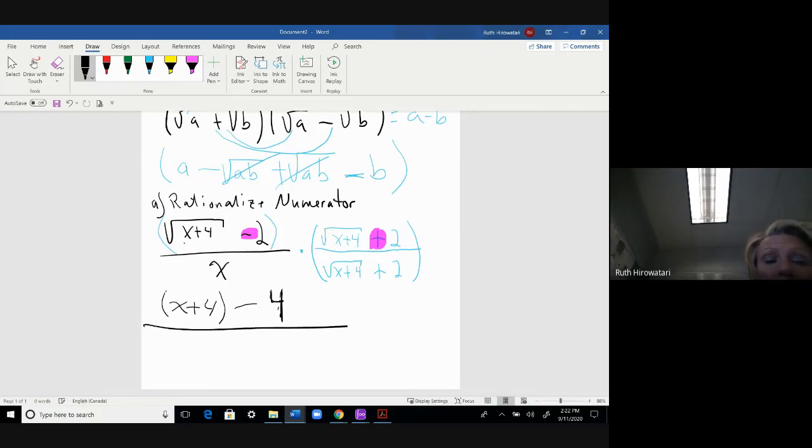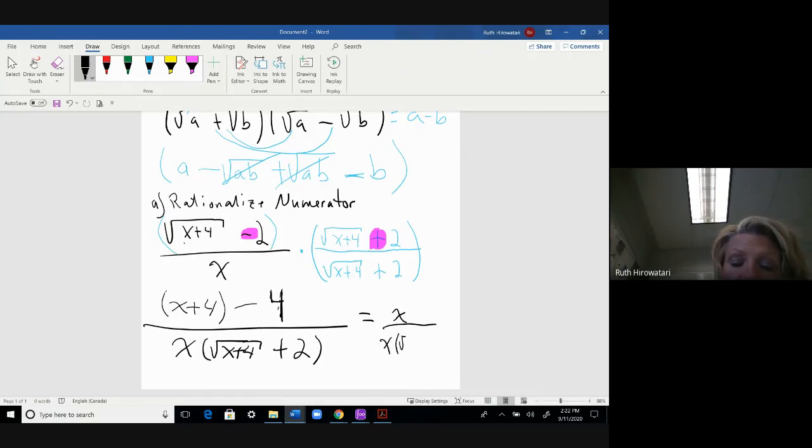The denominator isn't going to simplify, so just leave it in factored form. Now you can see that the top will simplify again. x plus 4 minus 4 leaves you with just x over x bracket root x plus 4 plus 2.